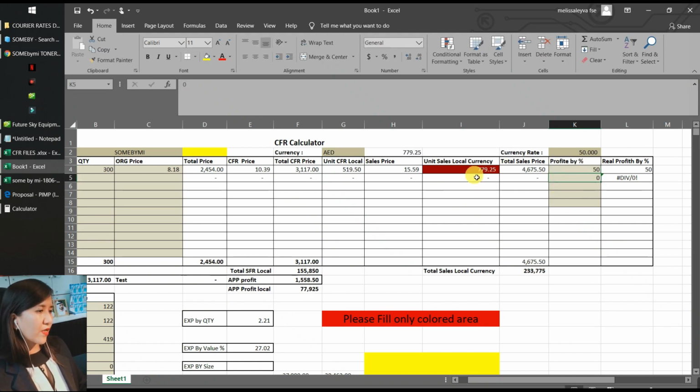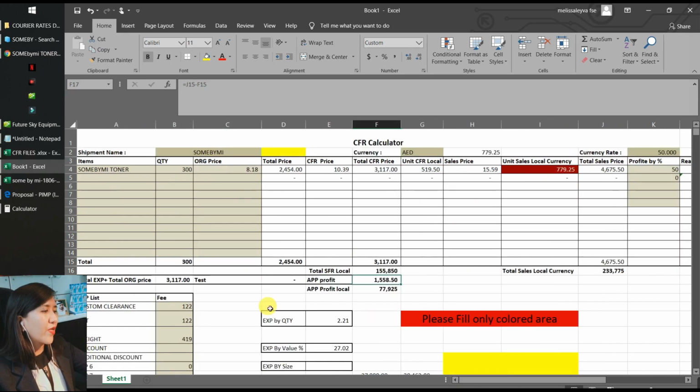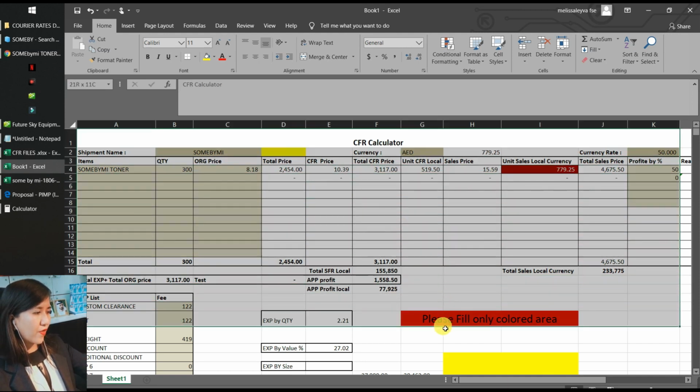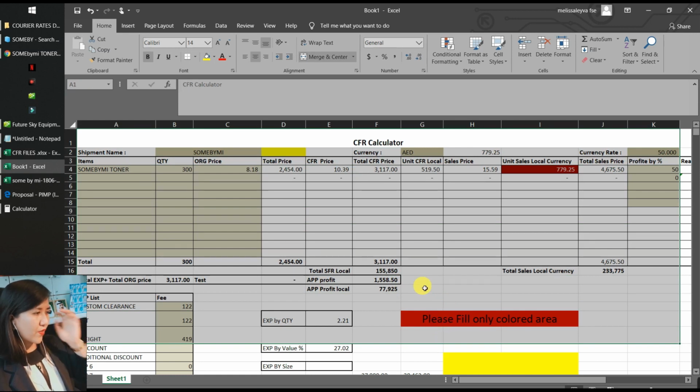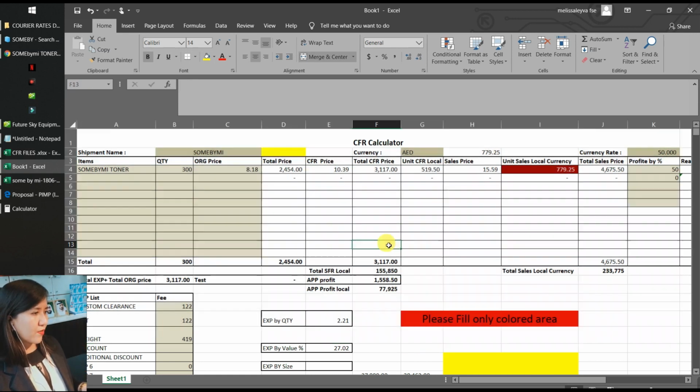So if they're selling the some by me toner at around 779, they're earning 77,925 in peso or 1,558 in USD for every 300 pieces of bottles they were able to sell for this toner. So this is just a representation of how the calculation works. Of course, this is not used for this particular item. We are using this for the sensors and controllers and some other items for industrial automation.